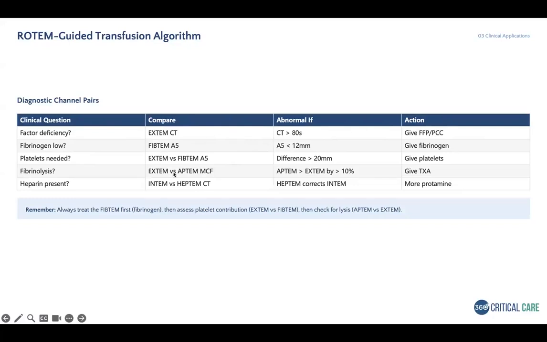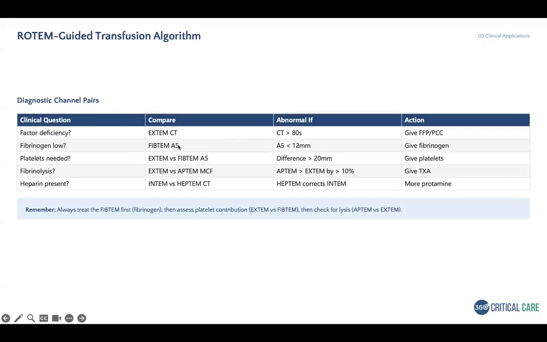If you have platelet issues, when both FIBTEM and EXTEM A5 are low and the difference between both of them is less than 20, that means you have both platelet and fibrinogen deficiency.